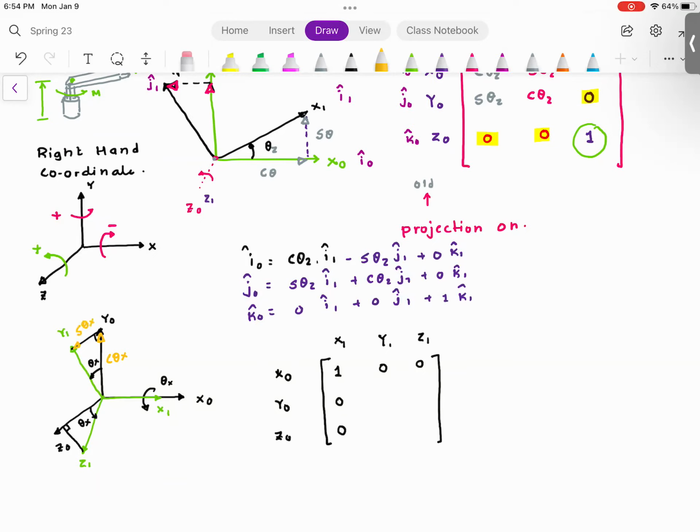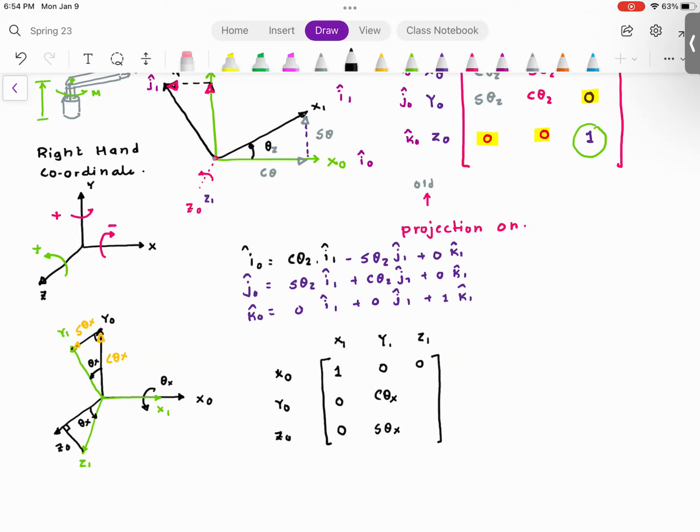Now, one thing I want you to observe is that this cosine theta x is in the same direction as y0. Do you agree with me? Sine theta x is in the same direction as z0. Do you agree with me? So which means I will write cosine theta x, sine theta x. Do you agree with me?